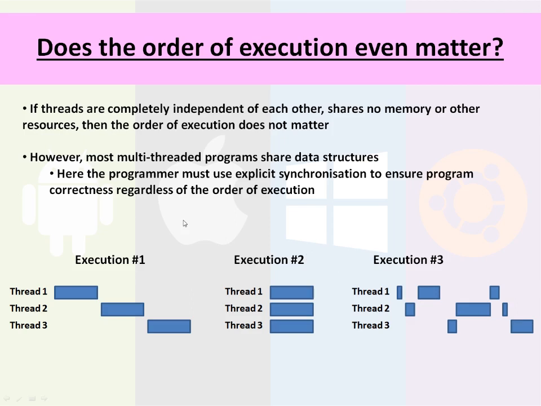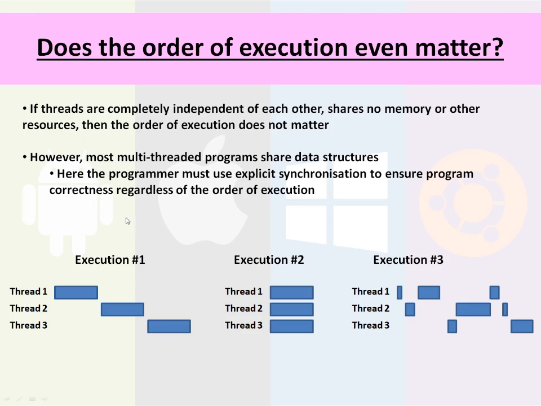Now, the idea here is that, well, if threads are completely independent, so they aren't influencing each other, or they don't even communicate or share anything, so they share no memory or other resources, well, then the order of execution does not matter, right? Because say thread 1 does not affect thread 2 at all, well, then it wouldn't really matter which one is processed and in what order.